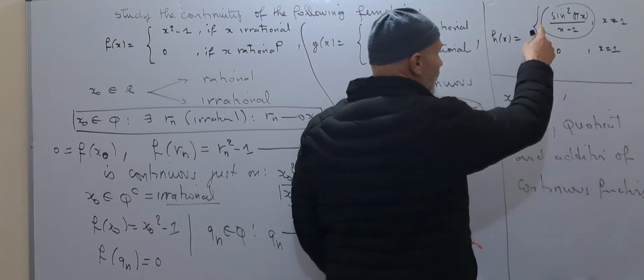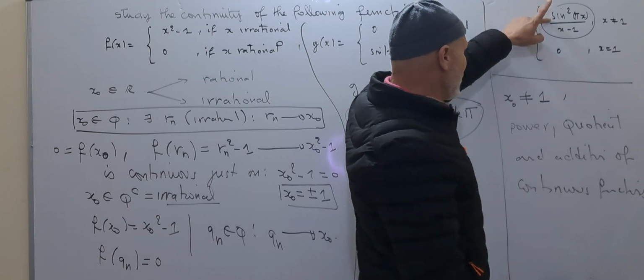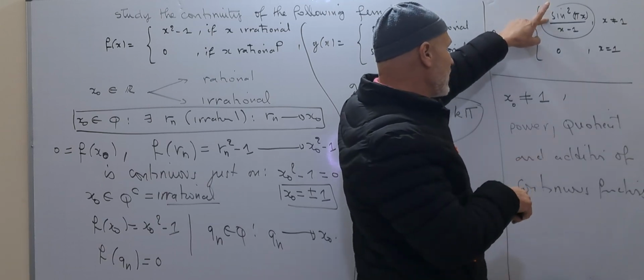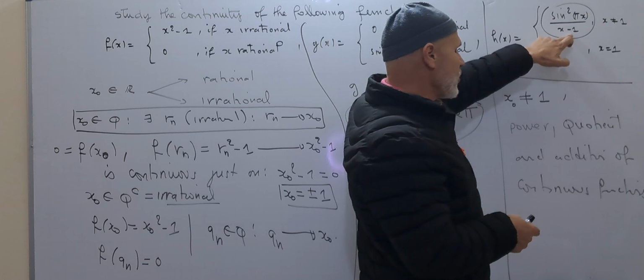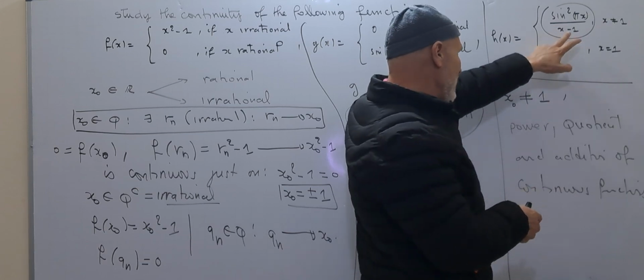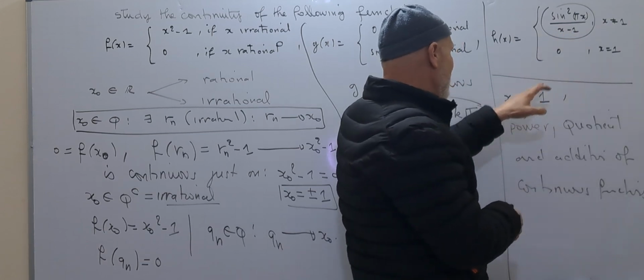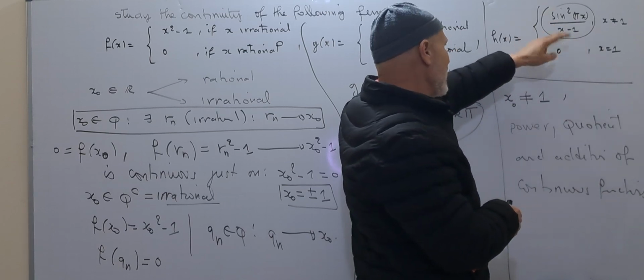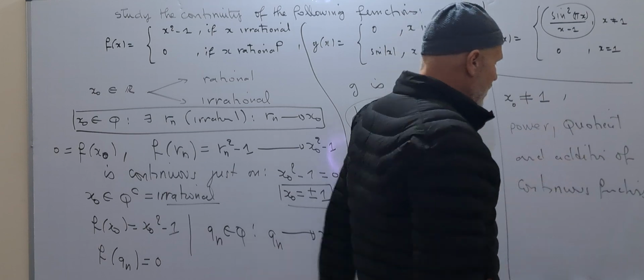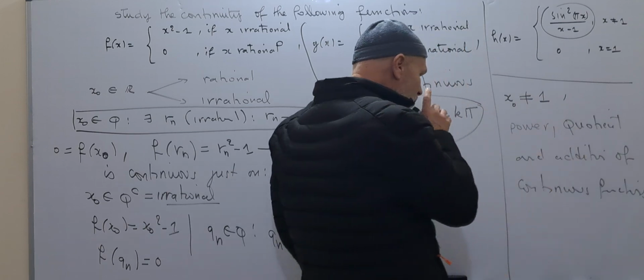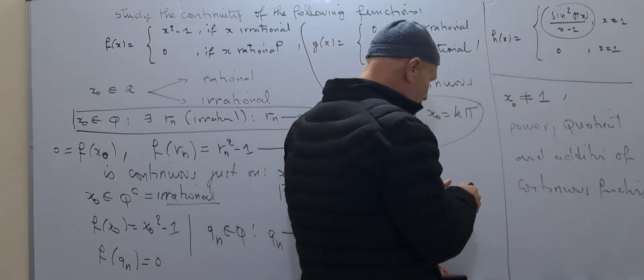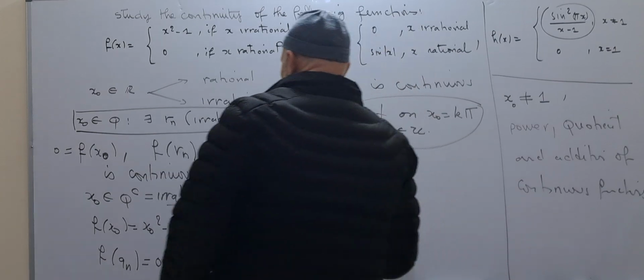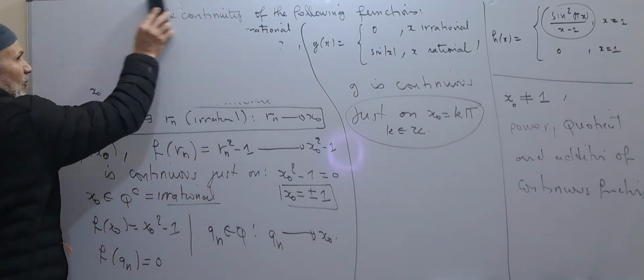I mean, the sine is continuous, the sine power 2 is continuous, x minus 1 is continuous, and since x is different from 1, this means that it is not equal to 0, and the quotient is continuous. But we have to discuss the continuity at just x0 equal to 1.